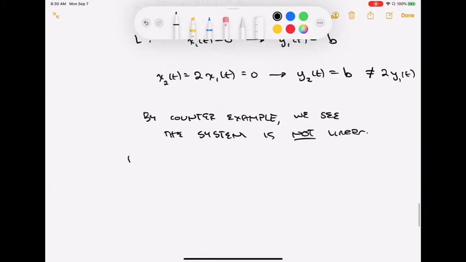How about the time invariance on this guy? We had this idea that x of t going through my system gives me an output y of t being equal to m x of t plus b.